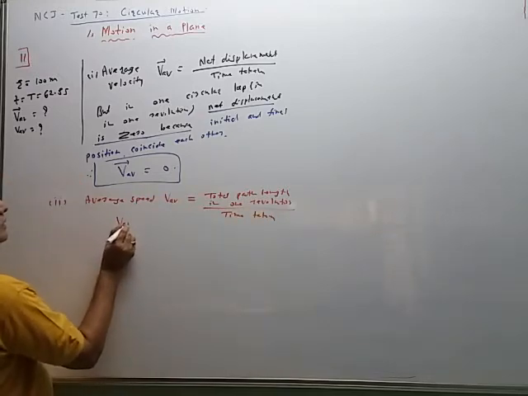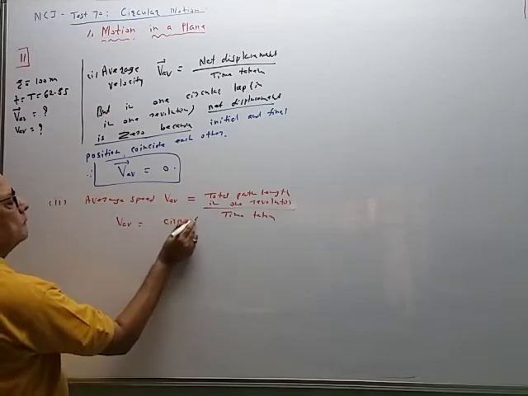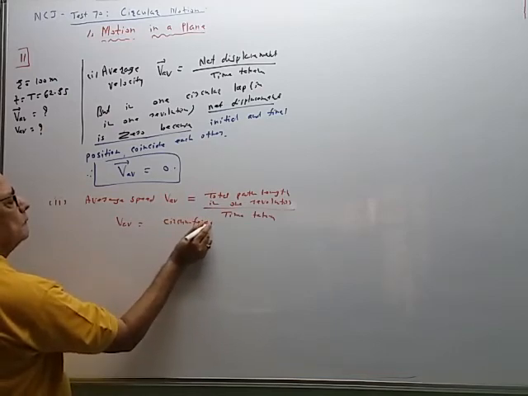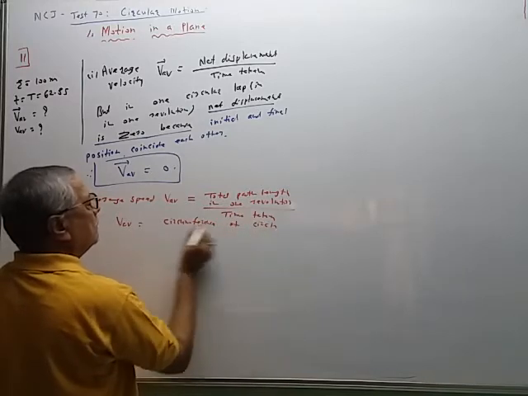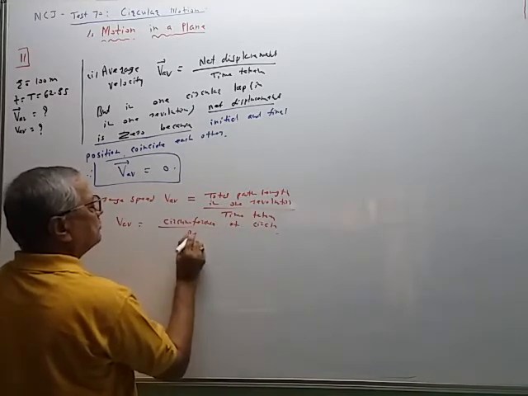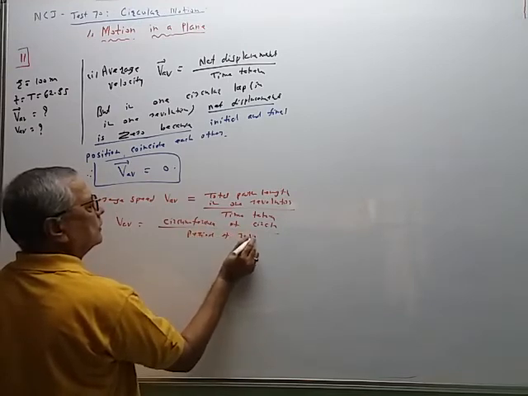So V average is equal to total distance, which is the circumference of the circle, upon period of circular motion. The period of revolution is given.